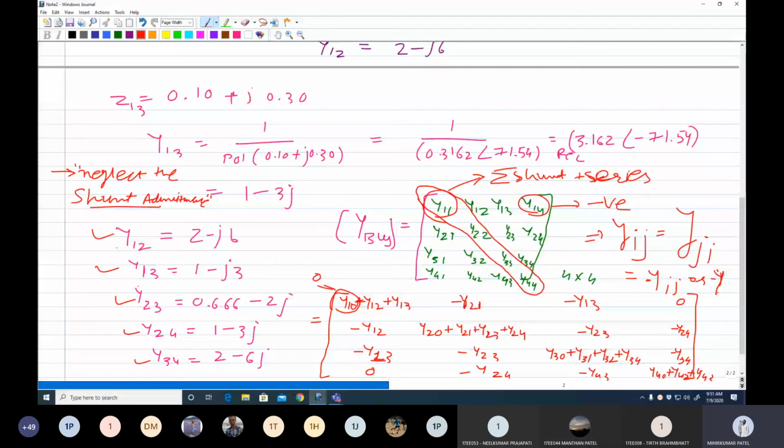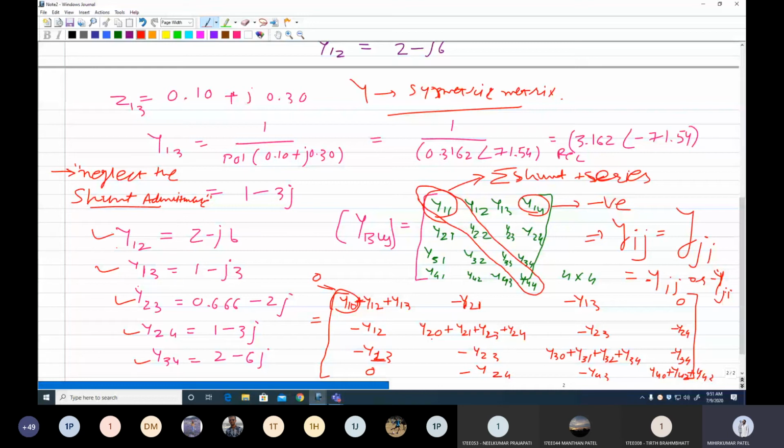It is the same because our admittance matrix is symmetric. Clear? So there will be no change in 21 or 12. Just substitute the value of each element you calculated.